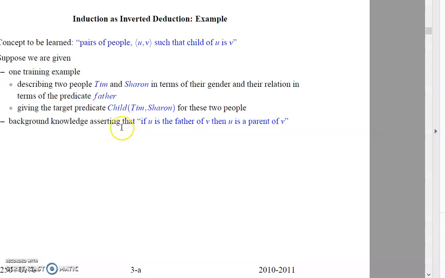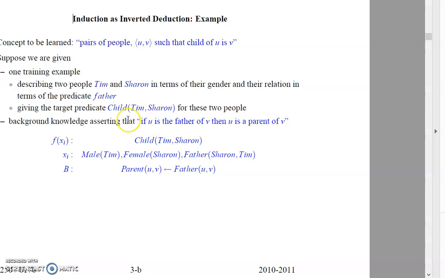So here, what is the background knowledge? So far we have not come across the terminology background knowledge. Here the background knowledge is nothing but which states that if u is the father of v, where u and v are any variables, then u is the parent of v. So f of xi is my target concept, child of Tim is Sharon.